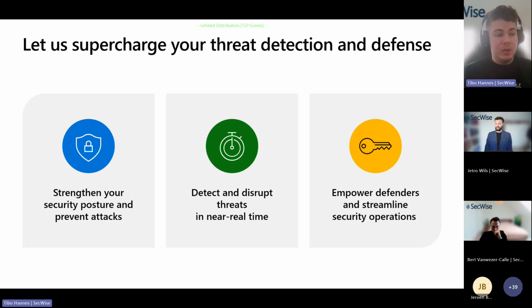If it's taking too long with too many different tools, it's way more difficult to clean up everything and you might miss stuff. And then at the end, we also want to empower defenders and streamline security operations, because it's getting more difficult for your security team to find and correlate everything. So in the end, you want to make it as easy for them as possible so they can work as fast as possible.